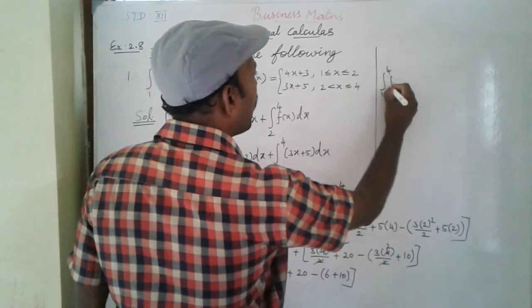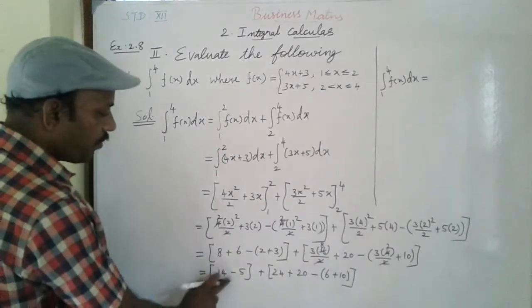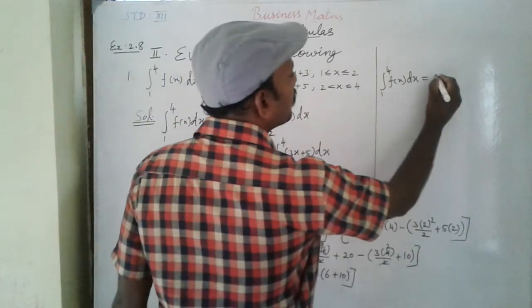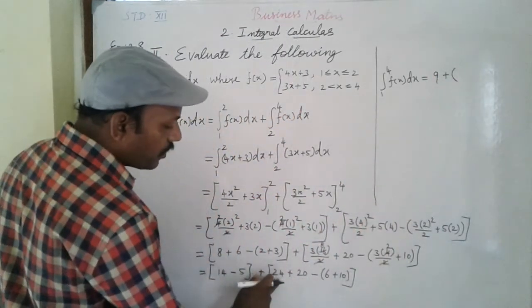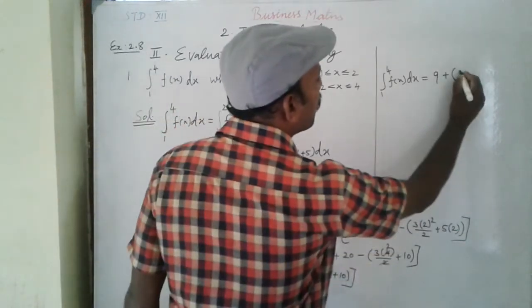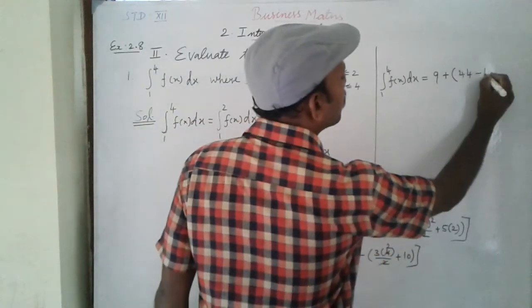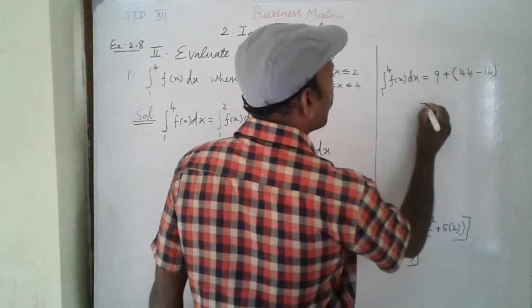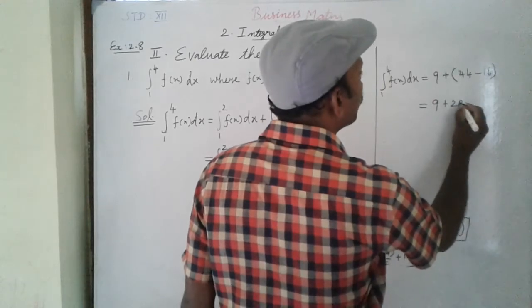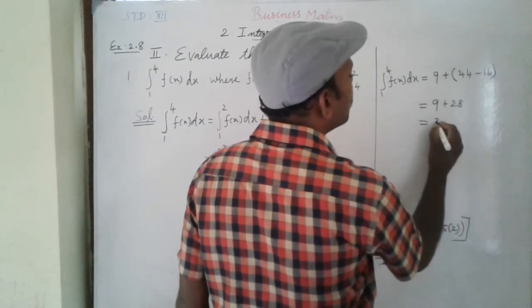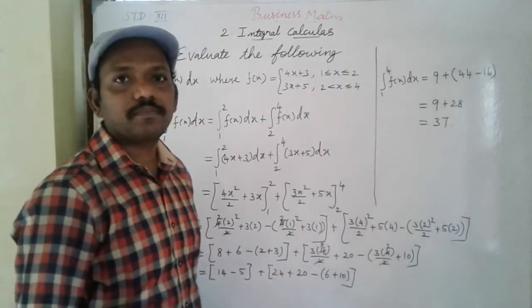So integral 1 to 4 f of x dx equals 14 minus 5 is 9, plus 24 plus 20 is 44, minus 6 plus 10 is 16. Equal to 9 plus 44 minus 16 is 28. 9 plus 28 is 37. That's all. Integral 1 to 4 f of x dx is 37.